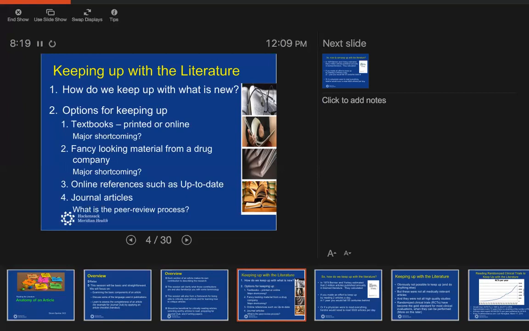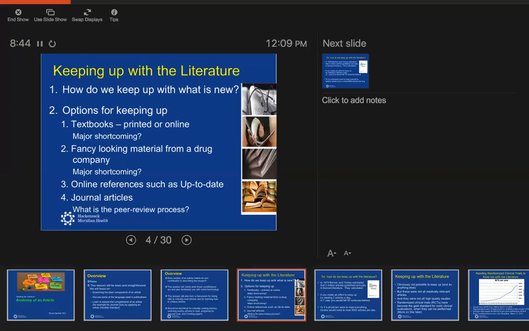These glossy, nice pictures, and everything looks very pretty. What would be a shortcoming of using that as information to guide? Of course, right. They're not going to tell you something that's negative. They're going to highlight what's positive. They're not going to be telling you about good things about a competing product or alternative treatments. So it's certainly biased.